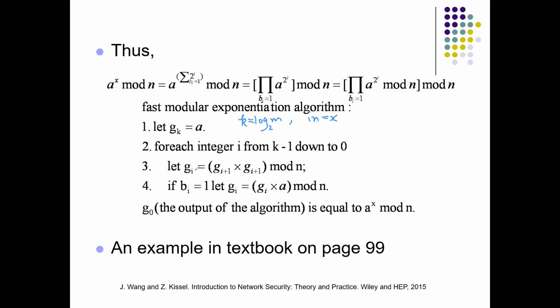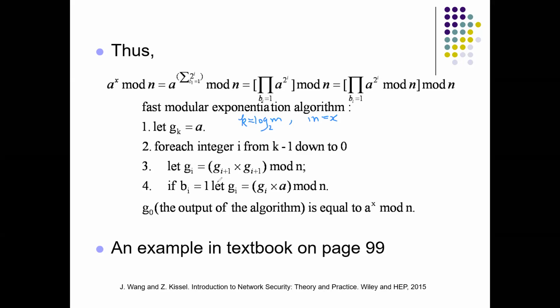First, g_i will always be the square of the previous g, that is g_(i+1).